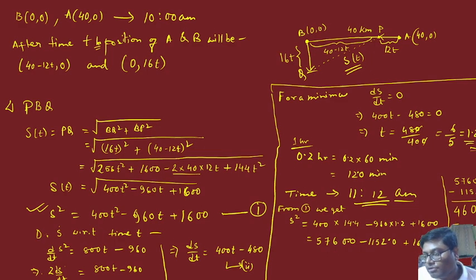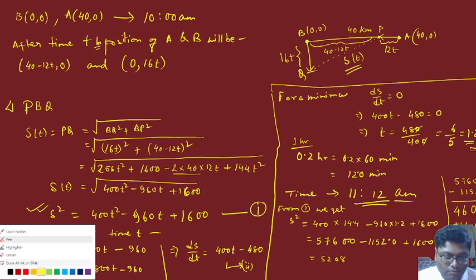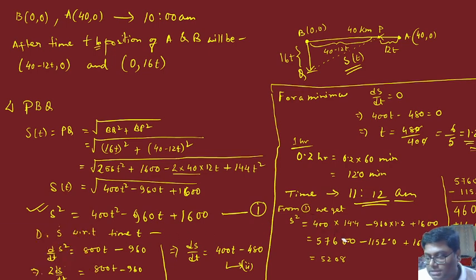So I have to add 1600 with it. Somehow I think we are not getting the result. Oh, I have done the wrong thing. This will not be the value.